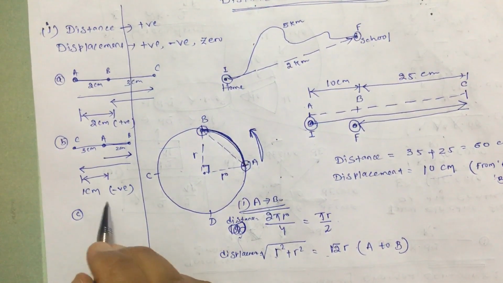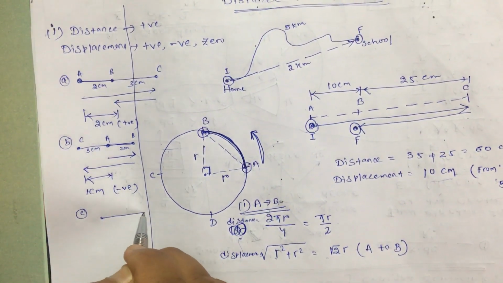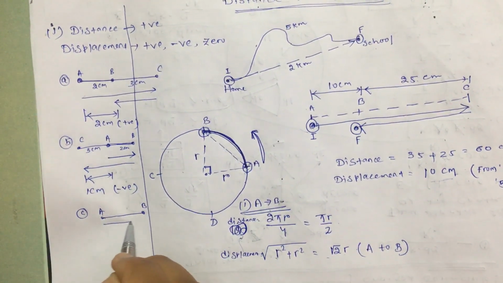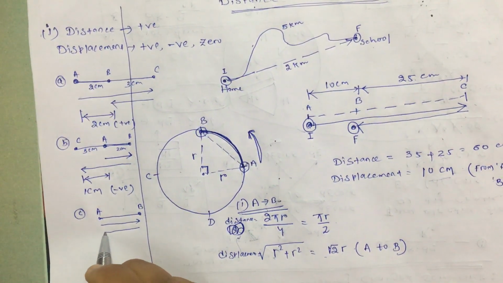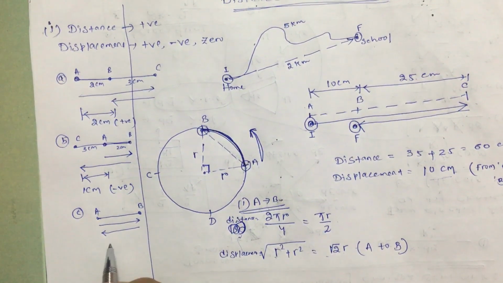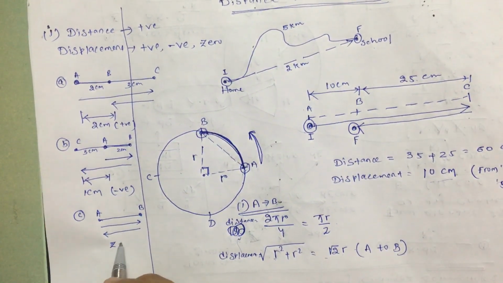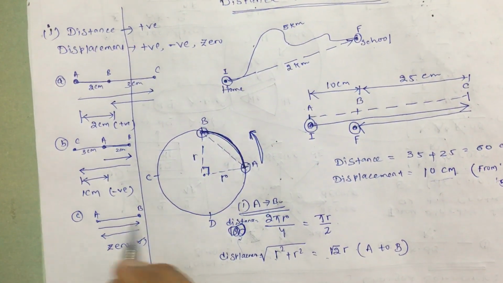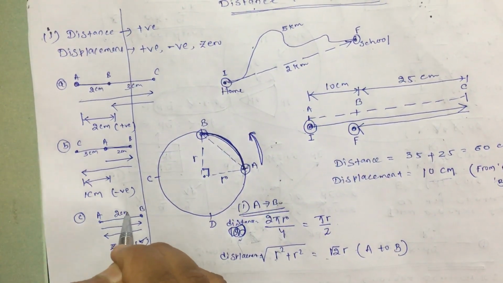Last example, how the displacement can be 0. Let there be 2 points A and B. We have moved from A to B and again returned from B to A. What is the displacement? Displacement is going to be 0. Yes or no? It is going to be 0. Whatever distance may be, it may be 2 centimeter, 3 centimeter.